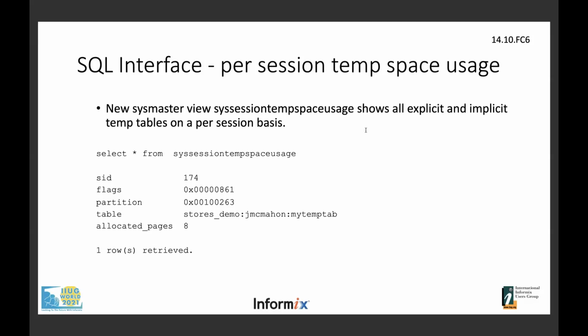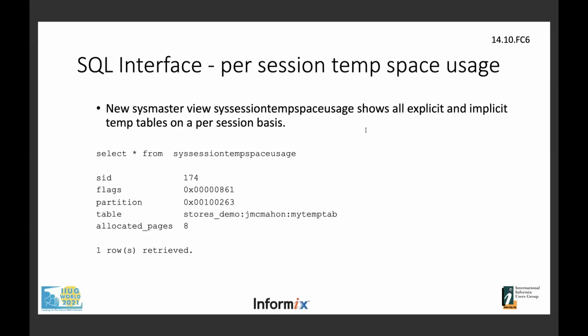So a few versions back, there were some changes done in the server where you could create a very elaborate sysmaster query and go fish this information out, but it involved a bunch of table joins and knowing certain flags and things like that. So all this is, it's just a view. It's in sysmaster.sql, sysessiontempspaceusage, that you can just run directly to figure out where the temp space is being used, how many pages, and it'll show things like hash joins.